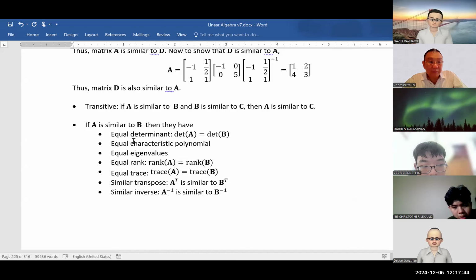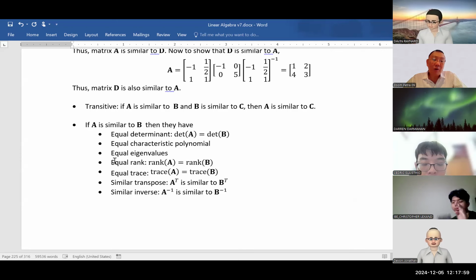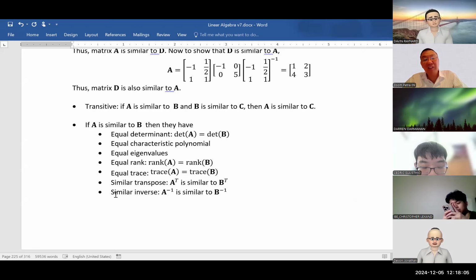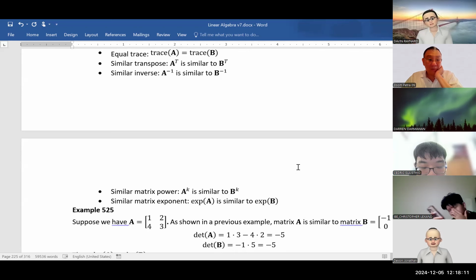So if A is similar to B, where B is, for example, a diagonal matrix, then they will have equal determinant, equal characteristic polynomial, equal eigenvalues, the same rank, the same trace, the same transpose, the same inverse, the same matrix power, the same exponent, and so on.